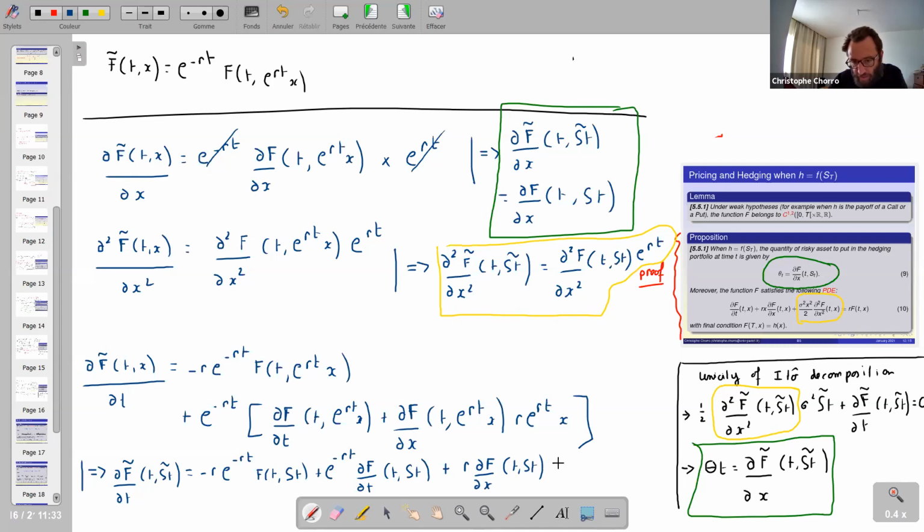So I have S_t tilde that I can write as S_t exponential minus rt. And this quantity here may be plugged here.